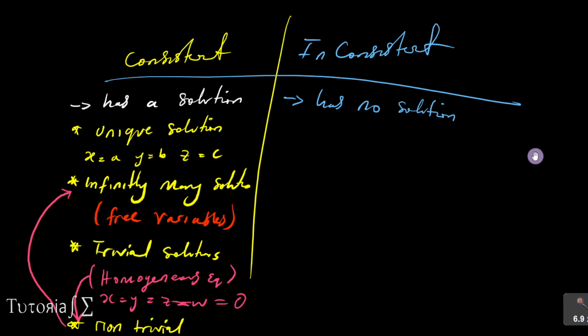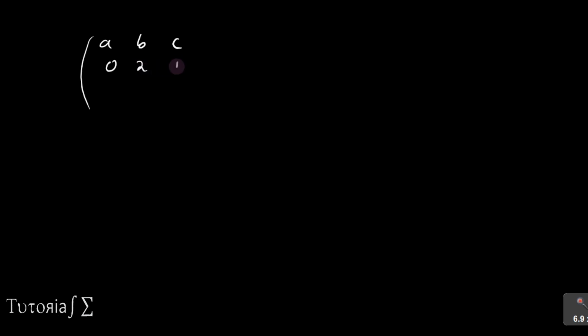Now, how do you tell that a system of equations is inconsistent? I'm going to give you things to look for. For instance, if you have a matrix, let's say A, B, C, 0, 2, 1, 0, 0, F, then A, B, C. Suppose you have an upper triangular matrix and you have reduced this matrix to echelon form, as we've learned using Gauss elimination.